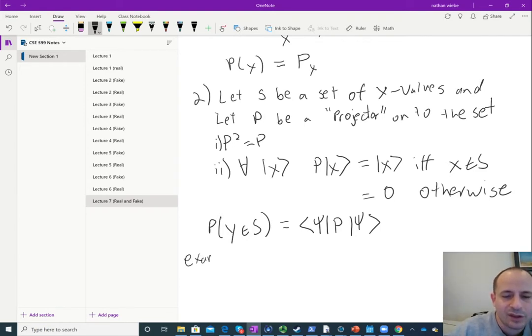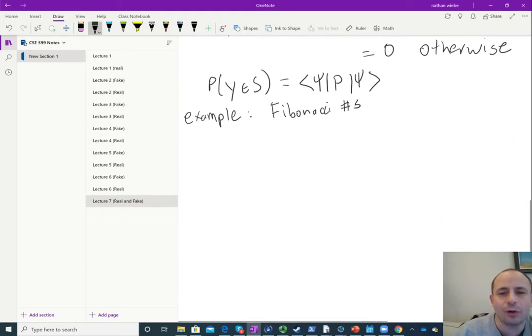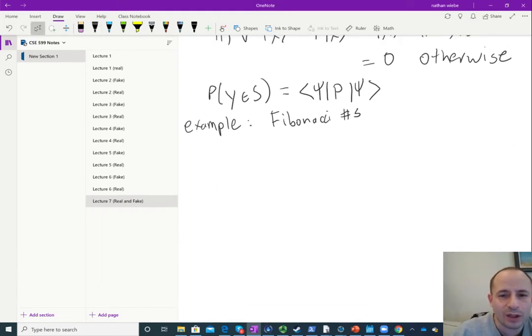I think I gave this example before, but let's say we want to do Fibonacci numbers. So we want to figure out the probability of drawing a Fibonacci number when you sample. In this case, the set S would be 1, 2, 3, 5, 8, and so on and so forth.